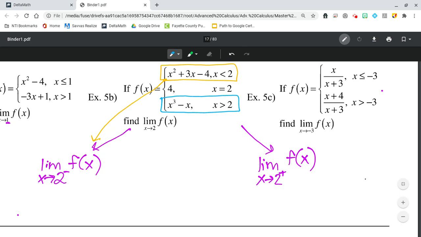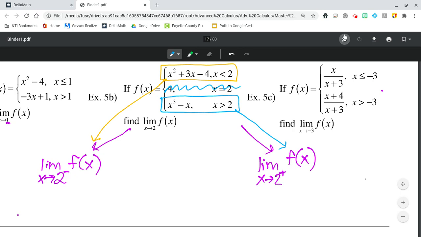Well, numbers that are greater than 2 are on the right side, so I'll use that there. Now that middle line, f of x equals 4 when x equals 2, we don't need that to find the limit, because limits only worry about what happens when the x values approach a specific number. They really don't care what happens when x is that number. So we don't need this for the second part.